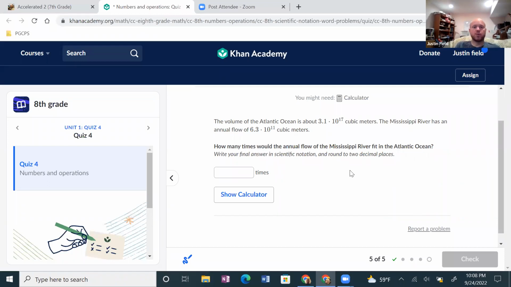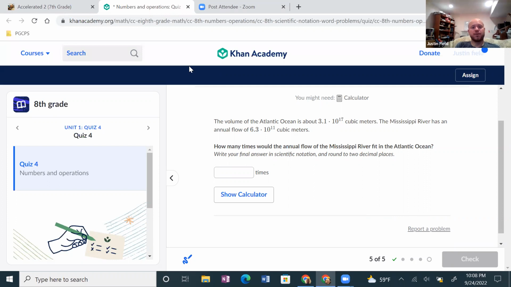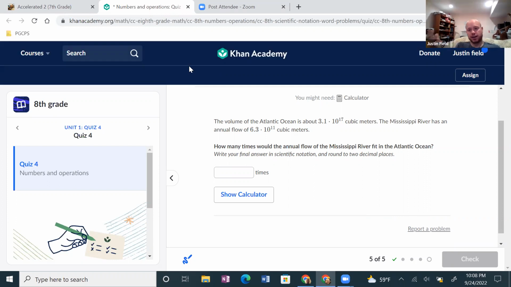Okay, so with the word problems, we always got to figure out, are we adding, subtracting, multiplying, or dividing, right? So how many times would the annual flow of the Mississippi River fit in the Atlantic Ocean? So that is division. How many times would something fit into something else? We're dividing.